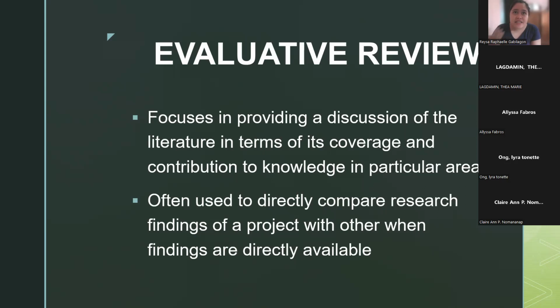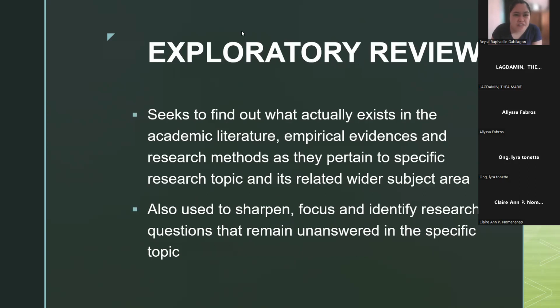We can analyze their results. Okay? So most likely, magpo-provide tayo ng discussion of the literature in terms of their coverage and yung contribution nila sa body of knowledge. That's evaluative review.